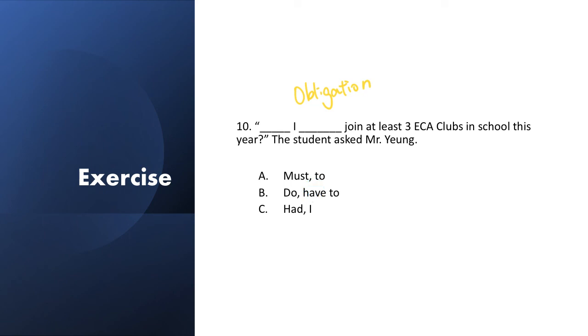So in this case, must I join? So A is not correct. How about option B? "Do" and "have to." Do I have to join? Well, everything fits. And let's check option C as well. "Had" and "I join." That would definitely be incorrect because the subject I is repeated. So the answer is B.